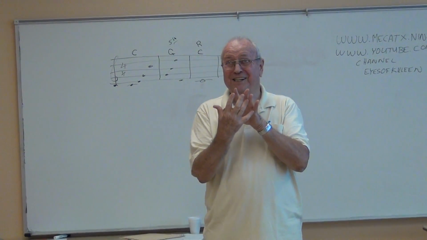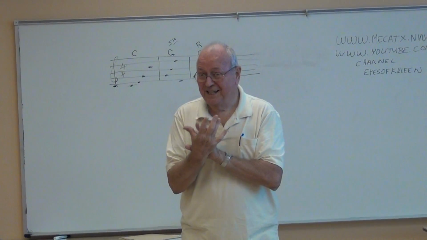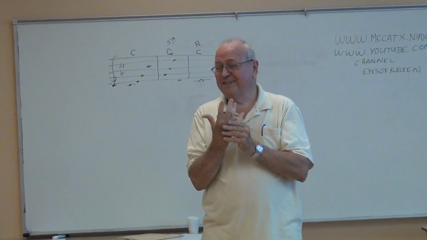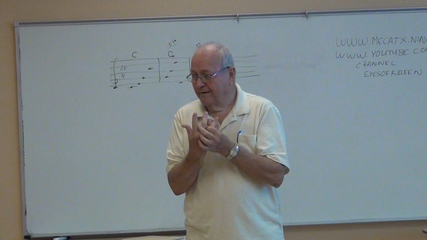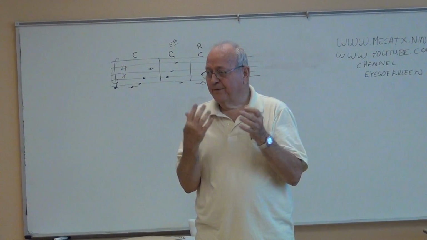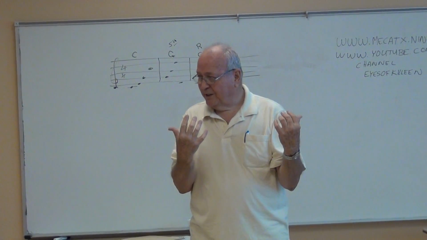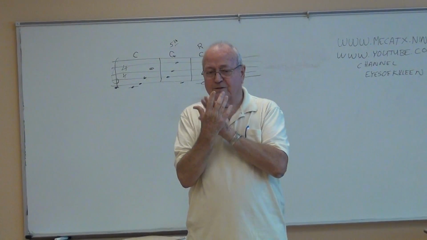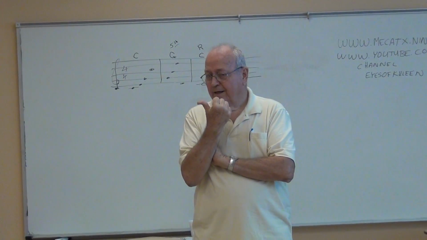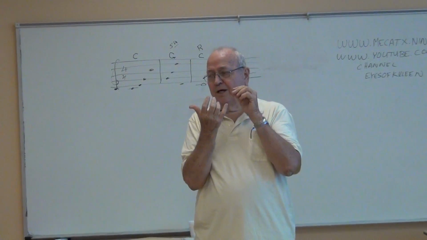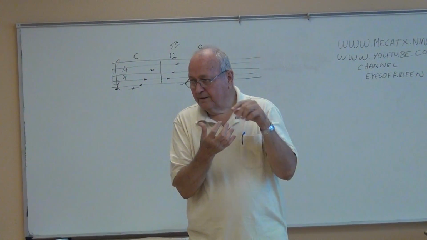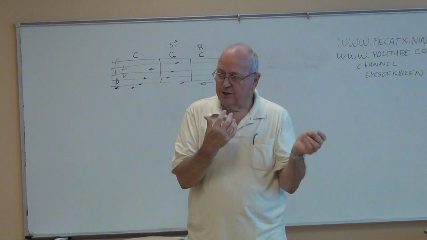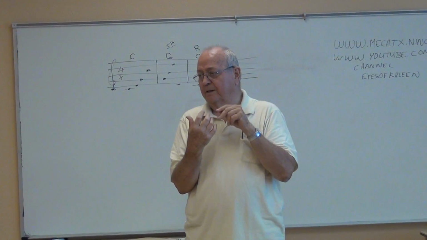G, C, and D. G, and your 4th is C, and your 5th is D. So if you've got any kind of an ear, you'll hear the song change. And if it starts off in G, it's either going to change to D or C. And then it'll go back probably to G. It'll change a lot of times through a piece of music.